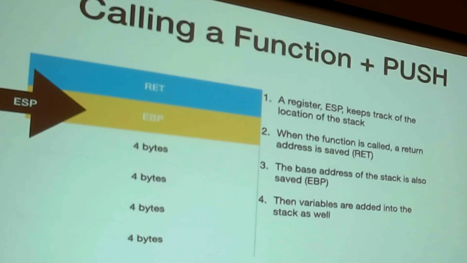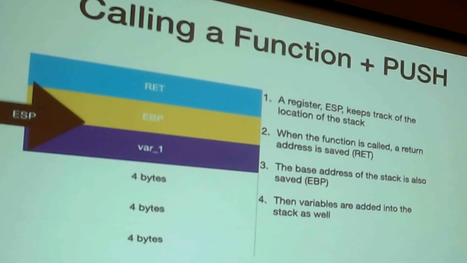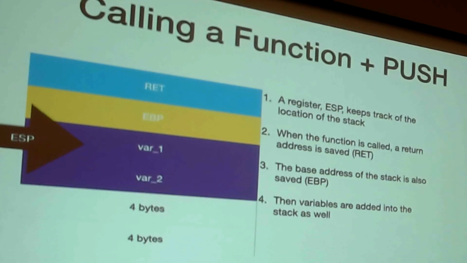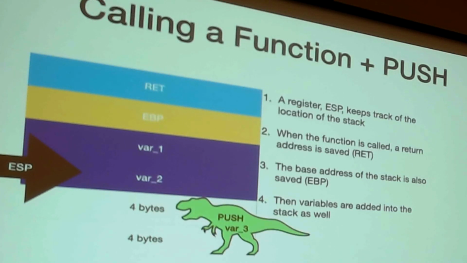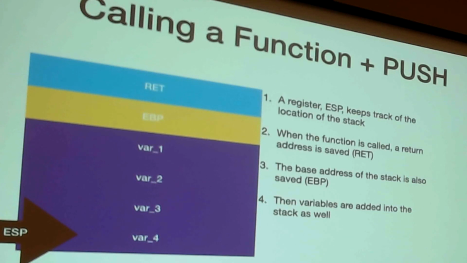After that, when we want to start initializing and saving those integer variables onto the stack, we can use a push instruction that's going to decrement our stack pointer, so basically moving it down to an unallocated place in memory, and then saving the contents of that variable there. So if we had a few different variables, I only did 3 in Compiler Explorer, but as we can see, it's going to keep going down in memory that way.